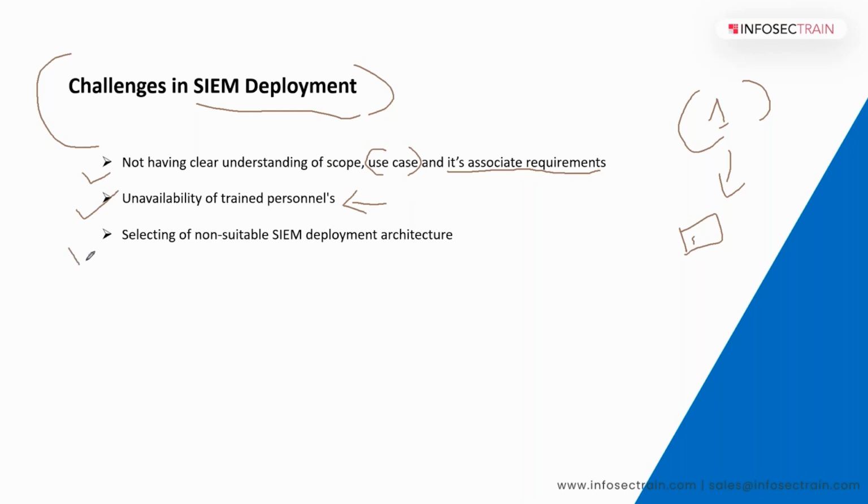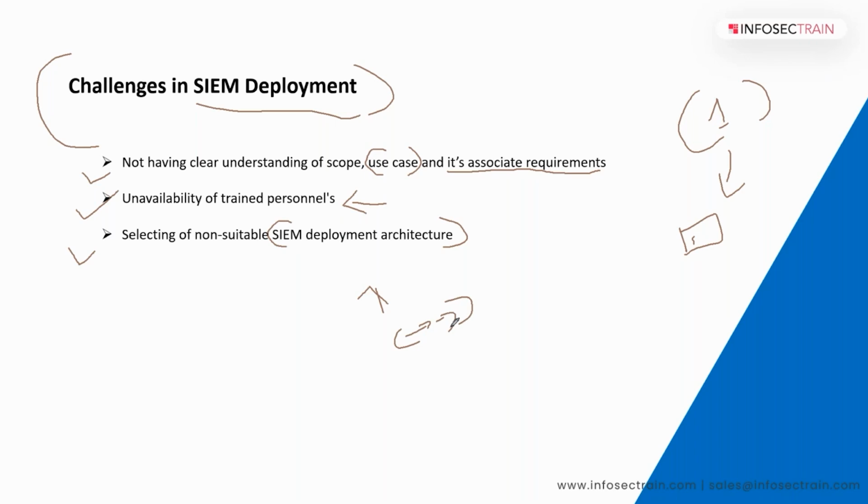Okay, selecting a non-suitable SIEM deployment architecture. There are different sets of architectures. Out of those, if we are deploying the SIEM architecture without following the correct periodic order, it is going to face a challenge.